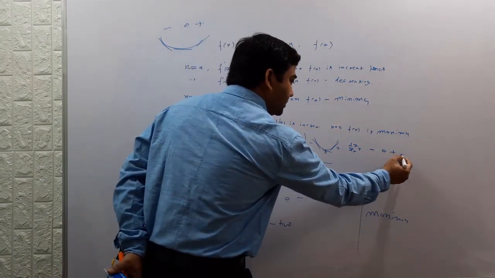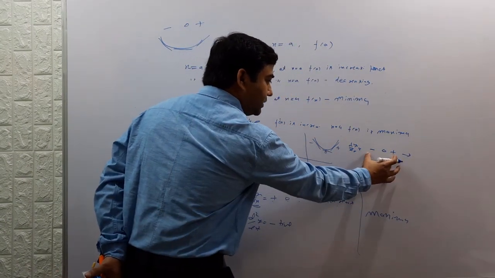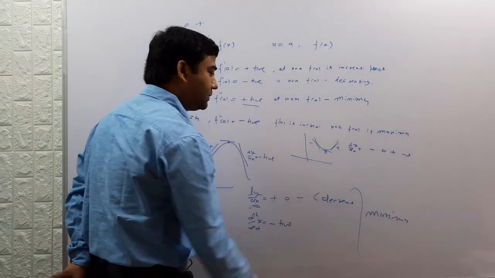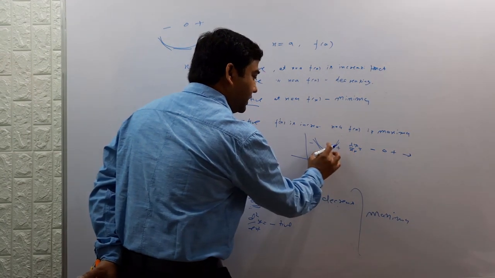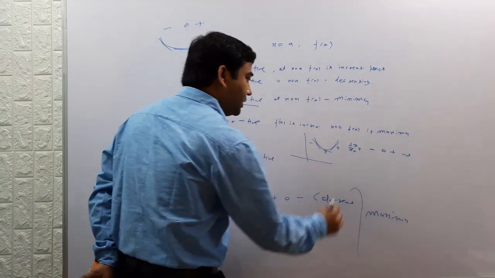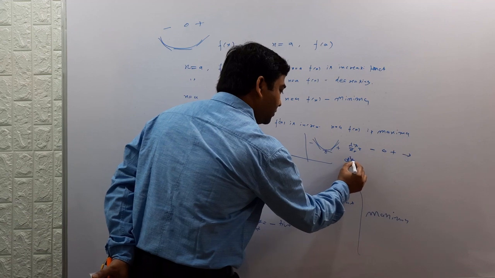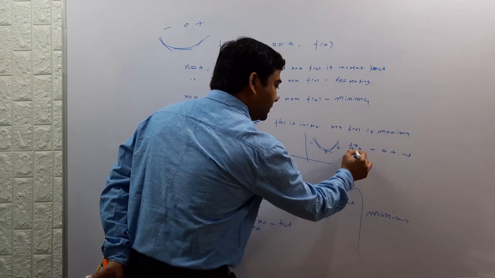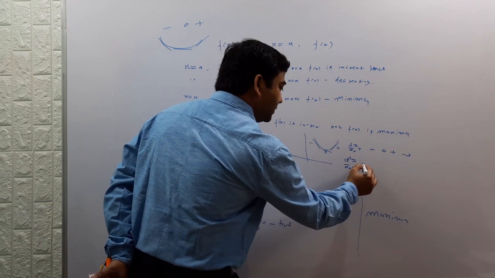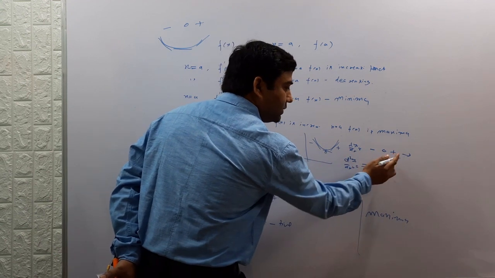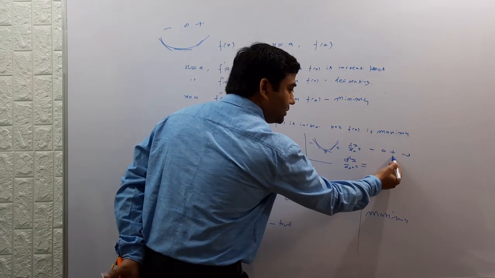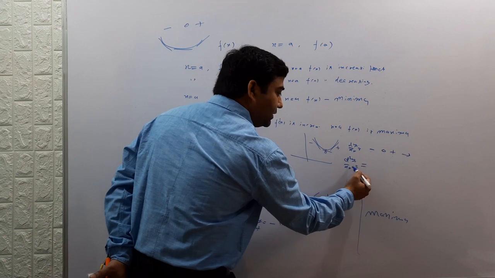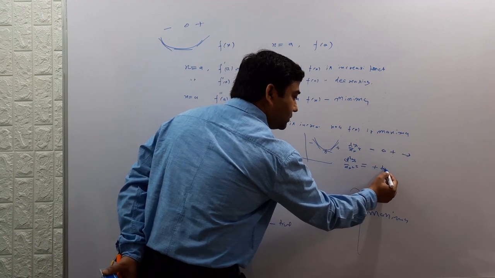So with this trend, the function has a minima at point A. Or we can say d2y over dx square, the derivative of the first derivative, will be, as this is an increasing function, minus, 0, plus. The derivative is itself an increasing function.